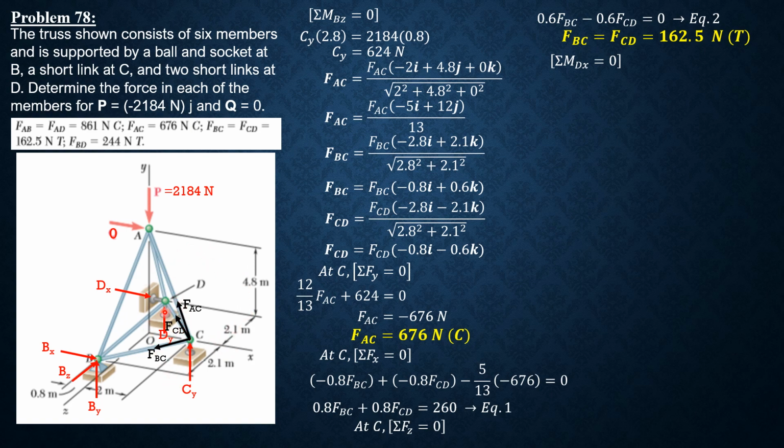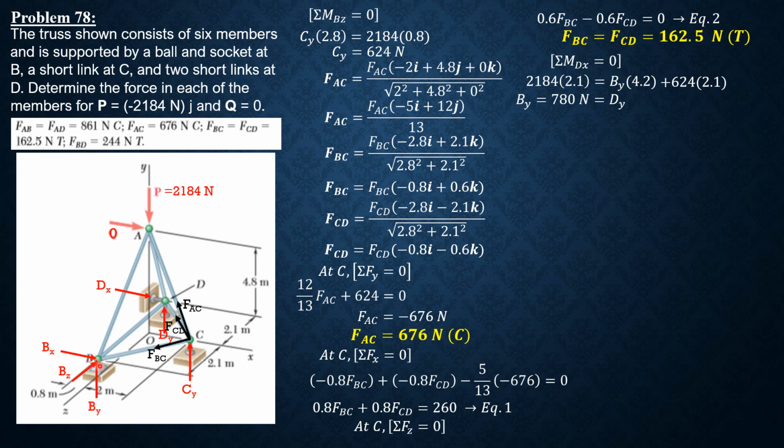So 2184 times 2.1 equals By times 4.2, plus Cy times 2.1. I almost forgot. There is Cy here. So equals Cy times 2.1. Solving for By is equal to 780 newtons, which is also expected to be equal to dy by symmetry.